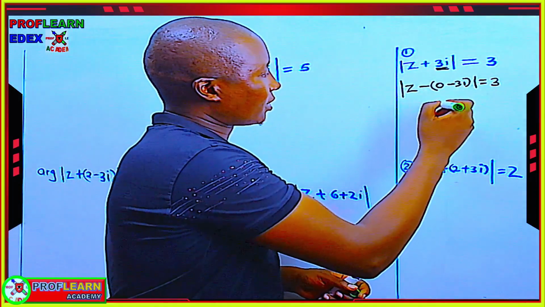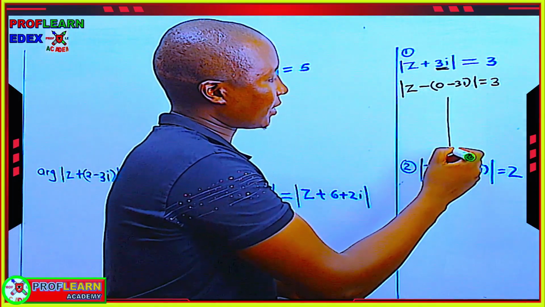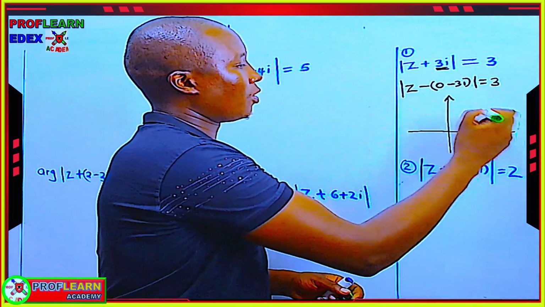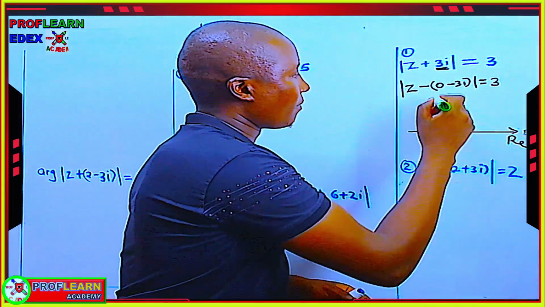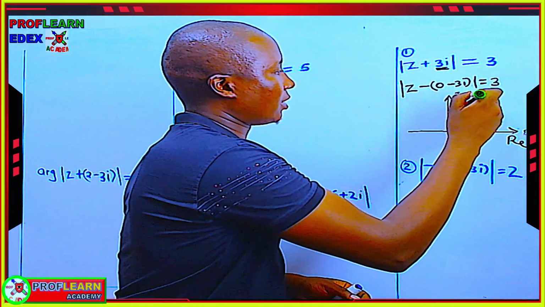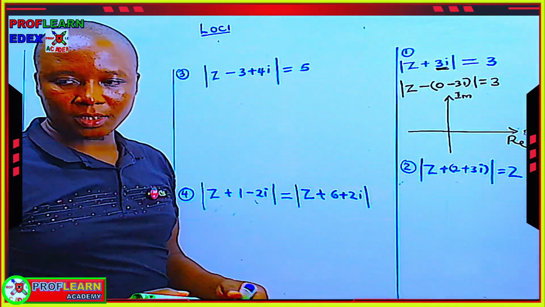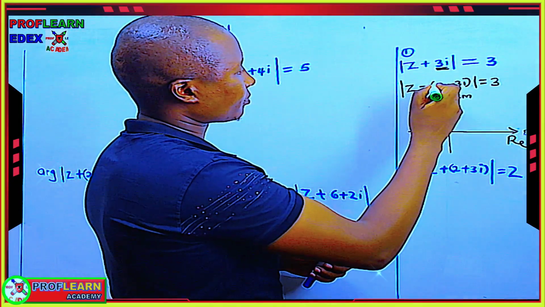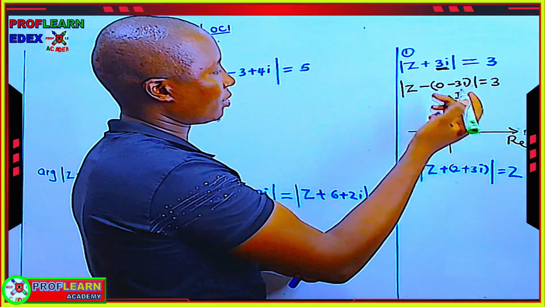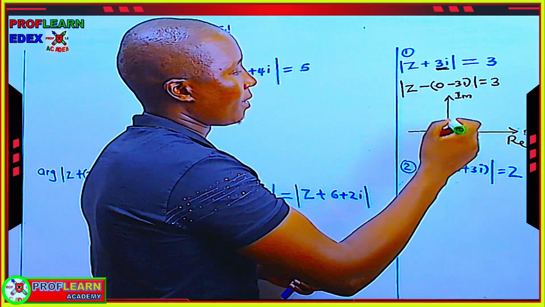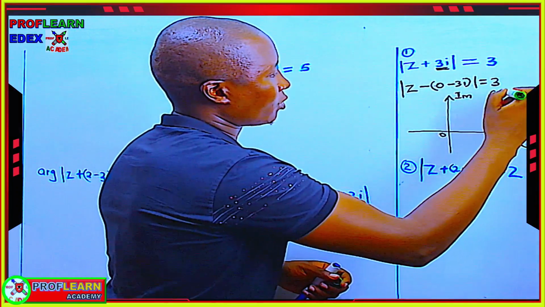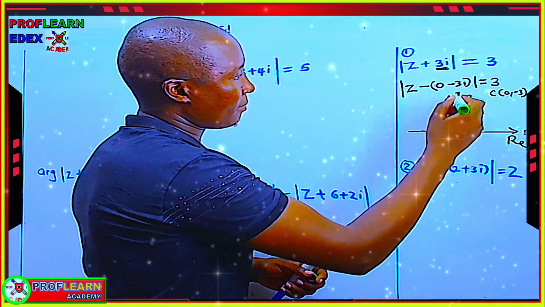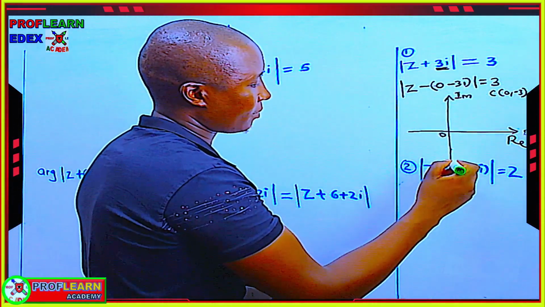So this locus represents a circle. The center of this circle is 0 minus 3i, that is, real part 0 and imaginary part minus 3, which will be somewhere down here.